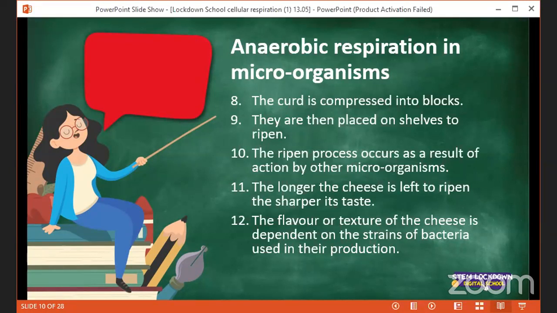Then the flavor or texture of the cheese is dependent on the strains of bacteria used in its production. So what's important to note here in the making of cheese is the enzyme that is being used, which is rennet, and also the type of bacteria that is used. We are using a lactic acid producing bacteria.